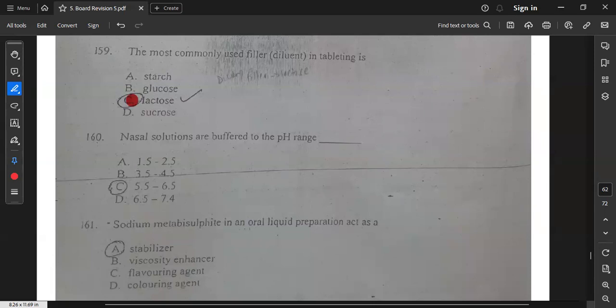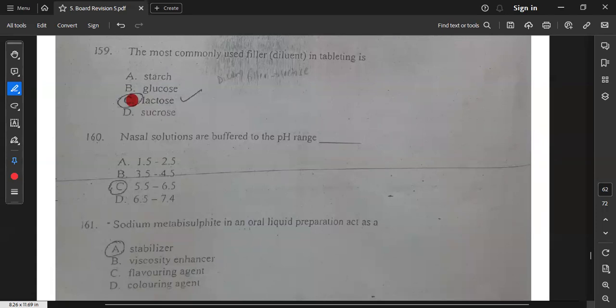Nasal solutions are buffered to the pH range. There's someone asking about sucrose.